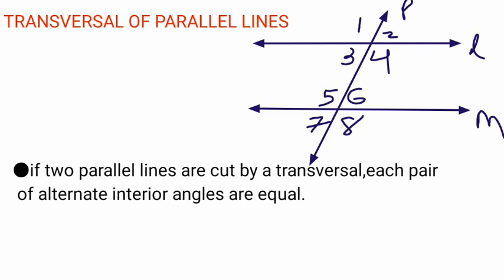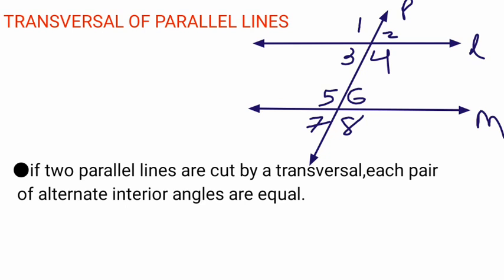If 2 parallel lines are cut by a transversal, each pair of alternate interior angles are equal. Here the alternate interior angles are angle 3 and angle 6, and angle 4 and angle 5. That means angle 3 equals angle 6 and angle 4 equals angle 5.